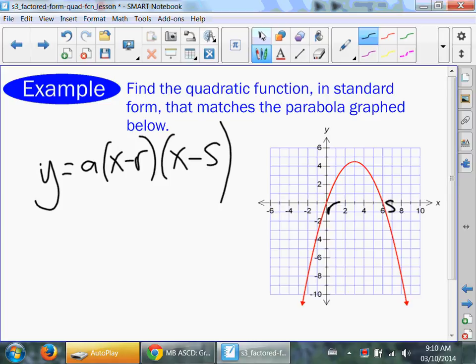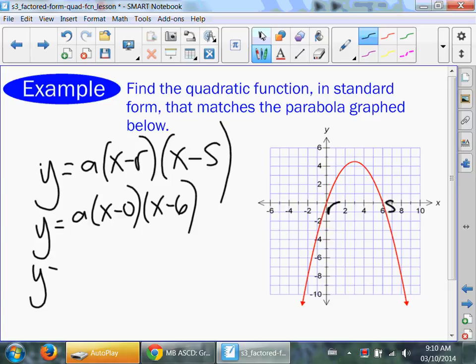So if I take a look at r and s, r is obviously 0, s is obviously 6. So the equation is going to be something in the form of y equals a times x minus 0 times x minus 6. Now I don't have to put x minus 0. I could just say y equals a times x times x minus 6.